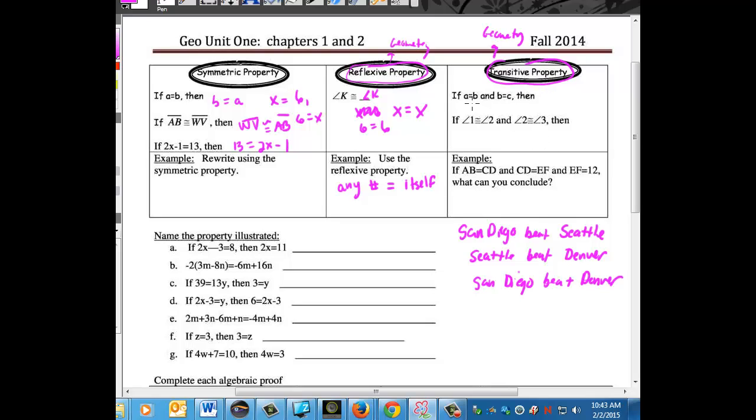So what we're really saying is if A is equal to B and B is equal to C, then A is equal to C. Or if angle 1 is congruent equal to angle 2, and angle 2 is congruent equal to angle 3, then angle 1 is congruent equal to angle 3. Also, one thing to note is that the transitive property, let's draw this arrow down to here, is a form of substitution.